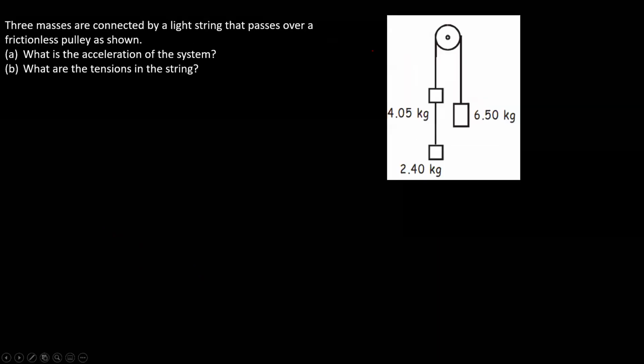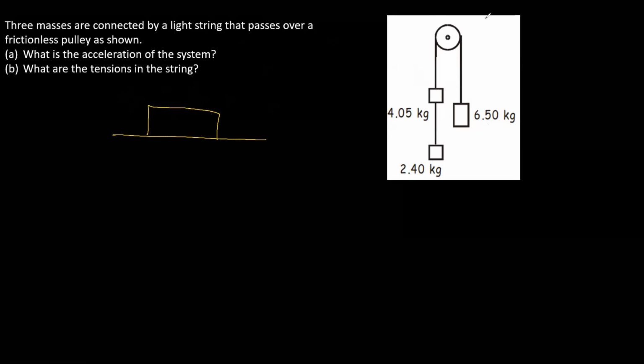Next up, 3 masses are connected by a light string that passes over a frictionless pulley. What is the acceleration in the system, and what are the tensions of the string? This is exactly like the 4, 2, and 1 kilogram mass problem before. So I'm going to treat this all.